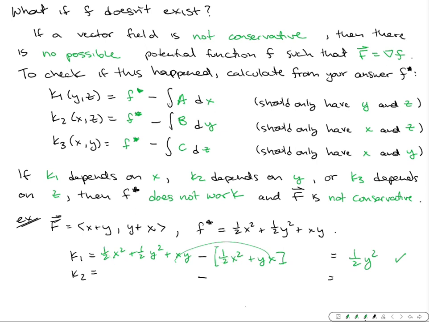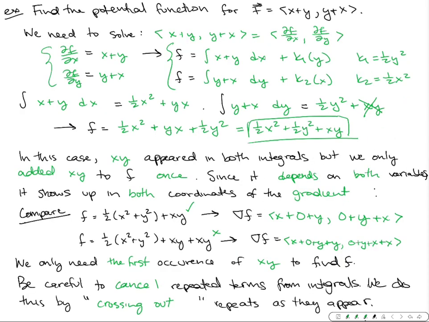Then for K2, we again start with f star: 1/2 x squared plus 1/2 y squared plus xy. Then we take away the integral of the second component, y plus x, with respect to y. Remember, when we were working through this problem, we solved for that, so we can plug it in directly from the previous page: 1/2 y squared plus xy.